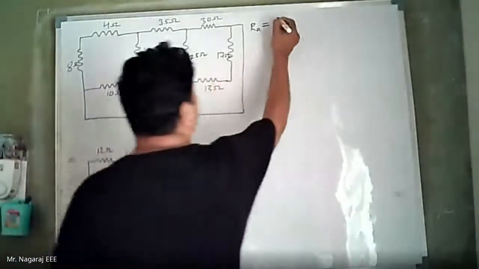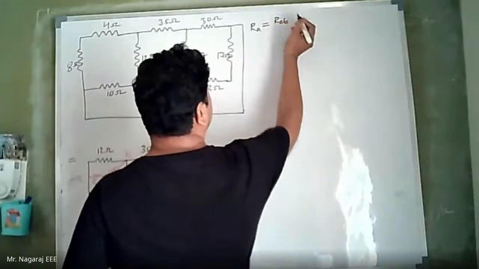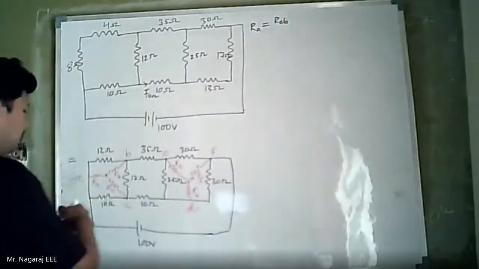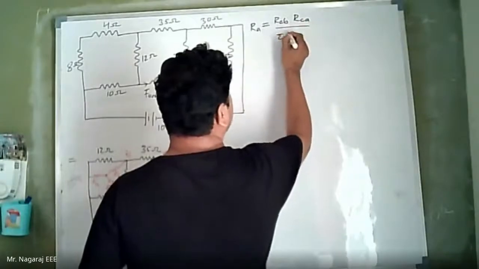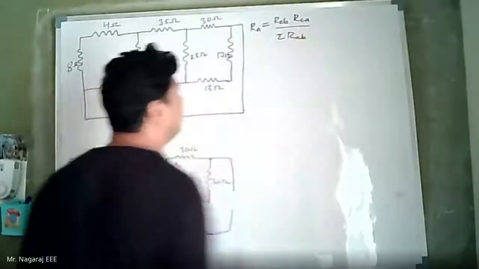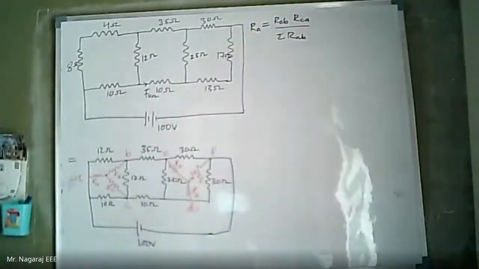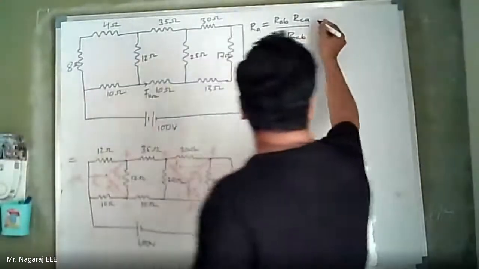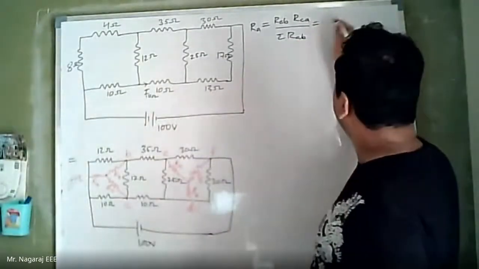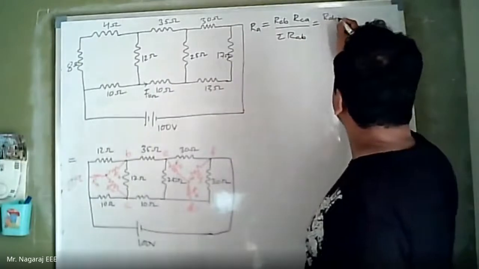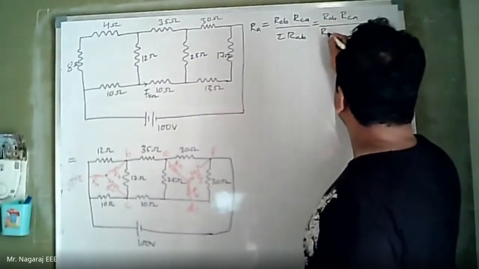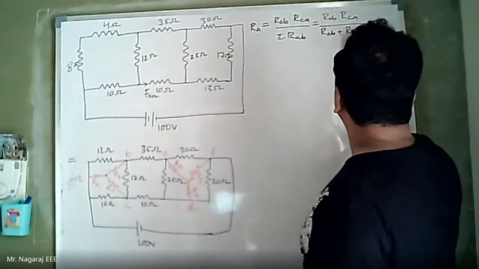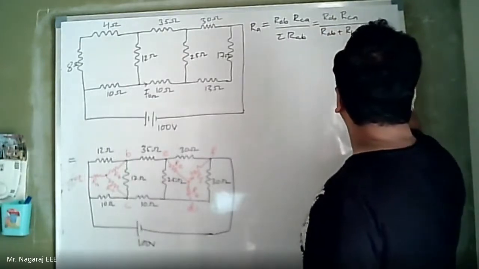So it is RAB into RCA divided by RAB plus RBC plus RCA. This is our formula.